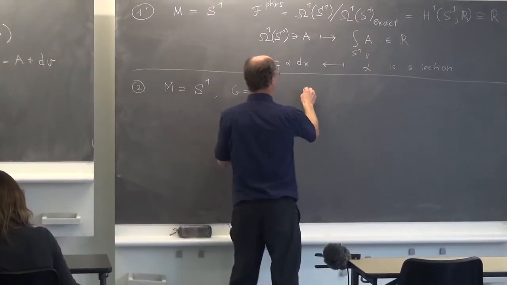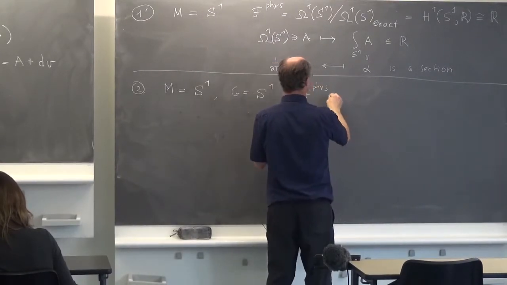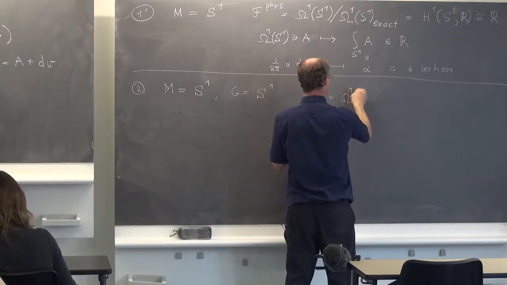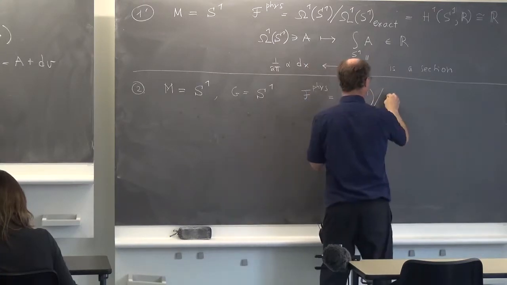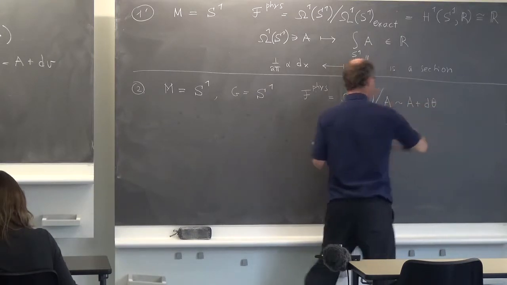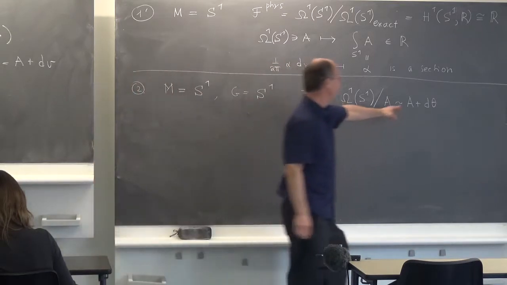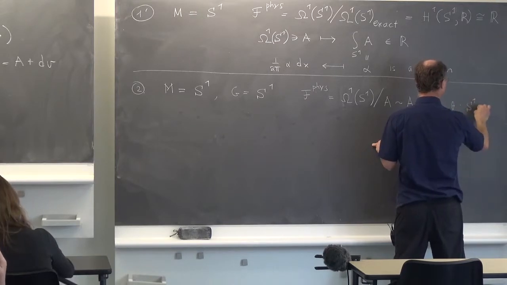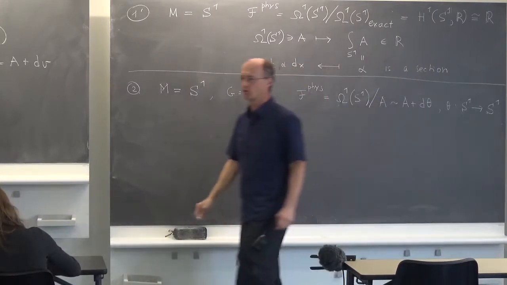Well, F physical is equal to the space of 1 forms modulo the gauge transformations. A goes to A plus d theta, where theta is now a map from S1 to S1.